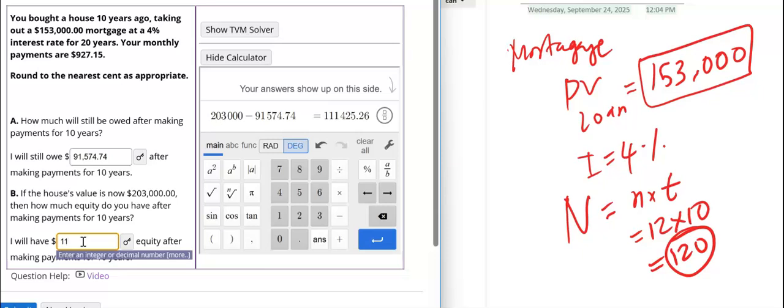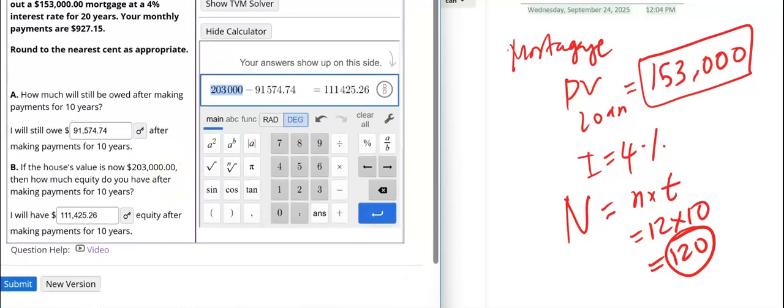So equity is $111,425.26. Equity is how much you owe subtracted from the value of the house, and that's how you find the equity. Okay, so that's the answer to this question.